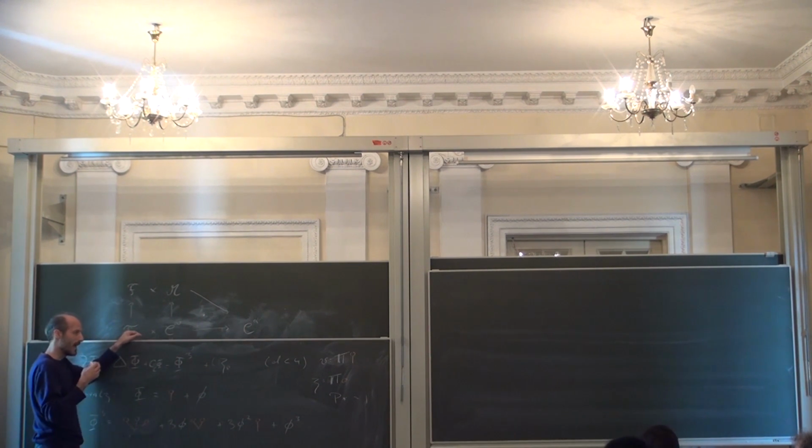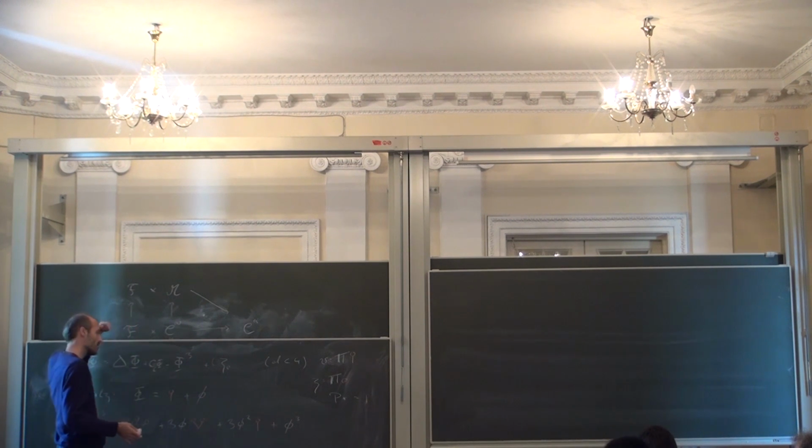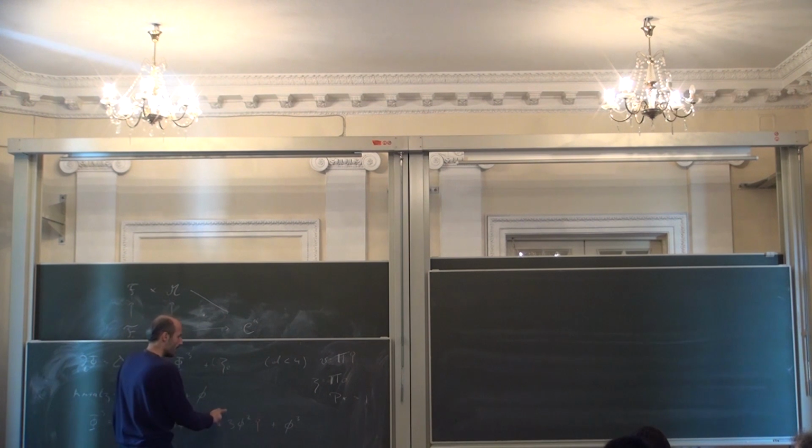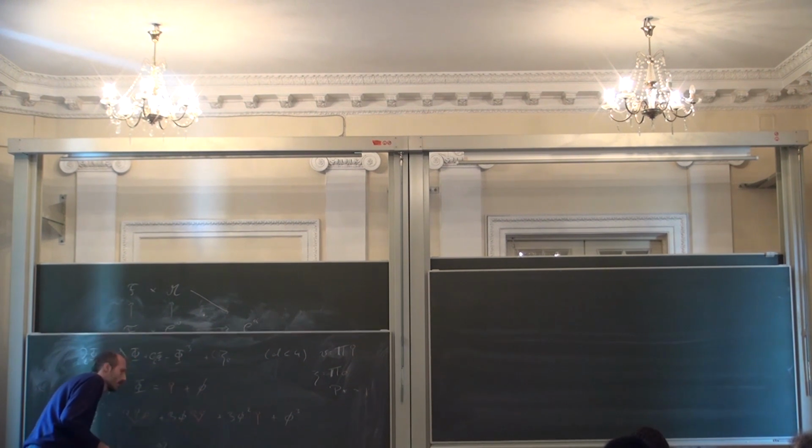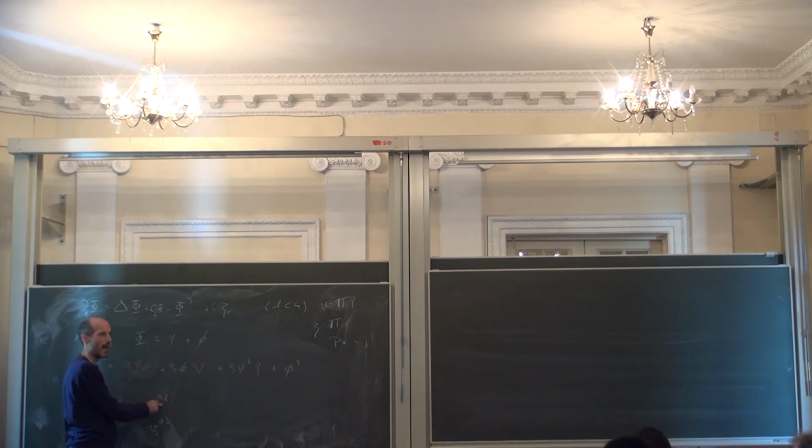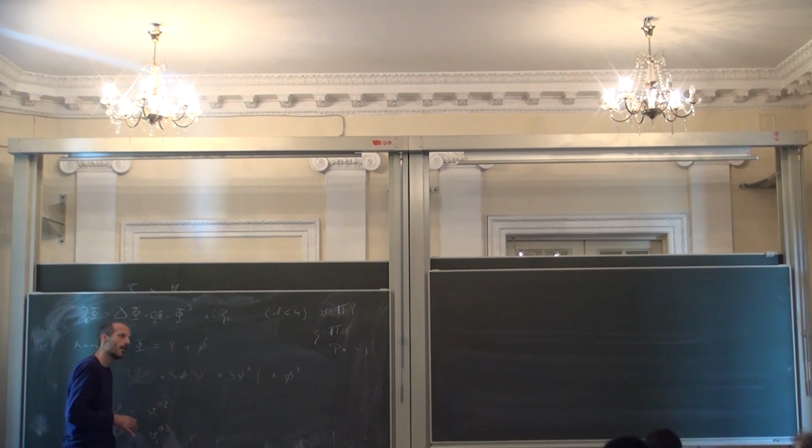Now, what we actually did yesterday is what we saw is that, well, in this particular case, it's not a good idea to define this guy as the actual square and this guy as the actual cube. You should rather define this guy as the square minus C epsilon over 3, and you should define this guy as the cube minus C epsilon times V itself. And if you do that, then these actually converge to a limit. Okay?